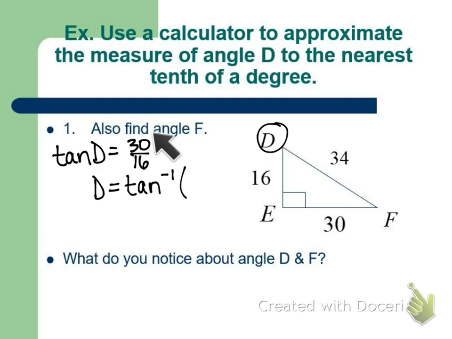If you want to reduce 30 over 16, you can. What would that reduce to? 15 over 8. If you don't want to reduce it, technically it's okay because you're putting it into a calculator anyway. Okay, and then we just have to use our calculator to take inverse tangent of 15 over 8. Anybody do that?